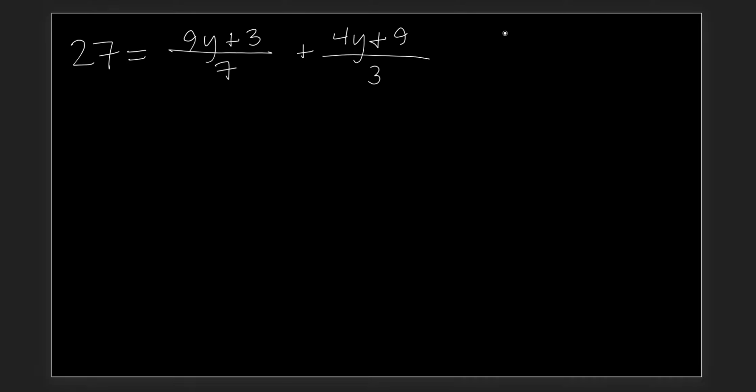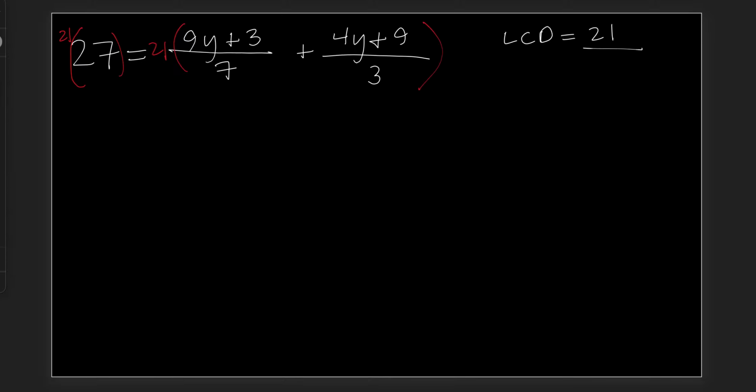See how that looks? We have fractions, let's get rid of them right away. So we have to find the LCD. So the LCD will be 21. And what we're going to do is multiply every term on both sides by 21.